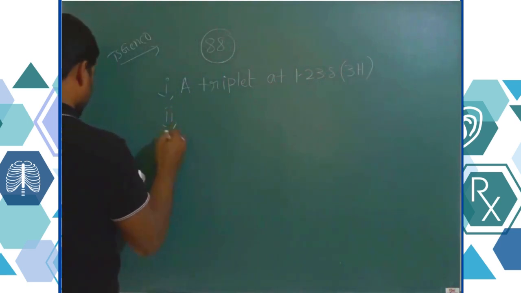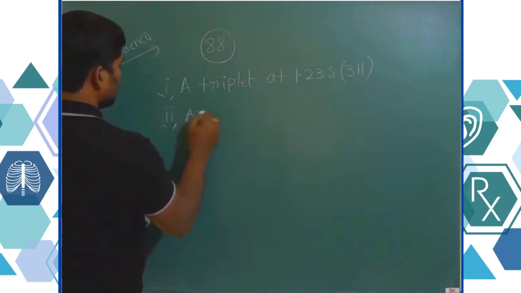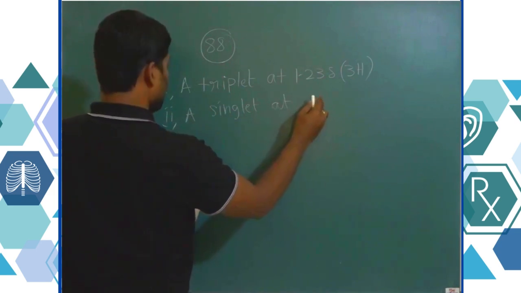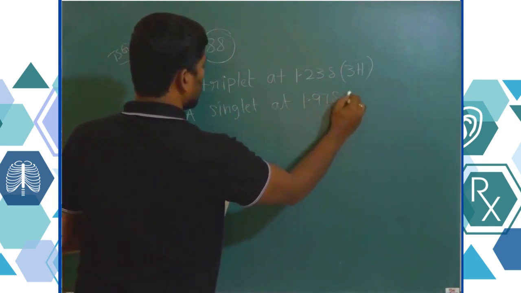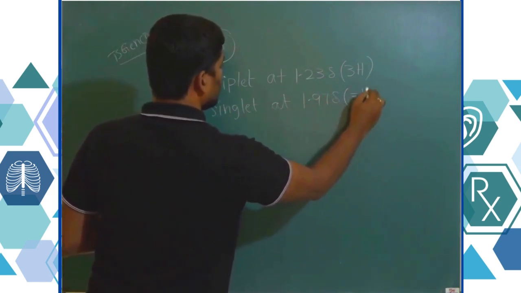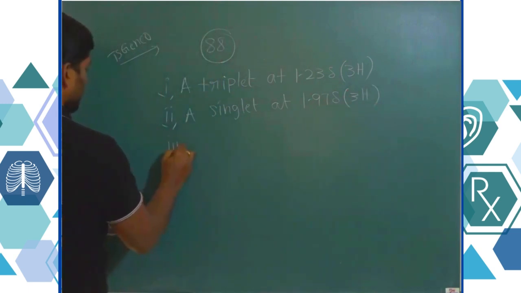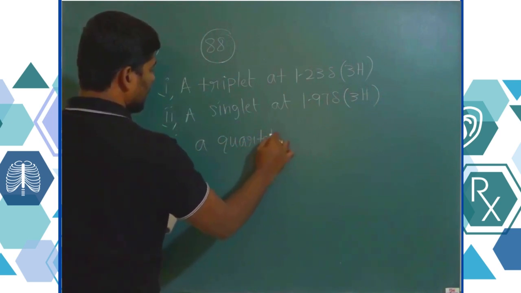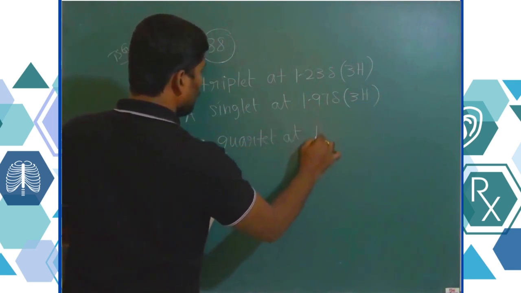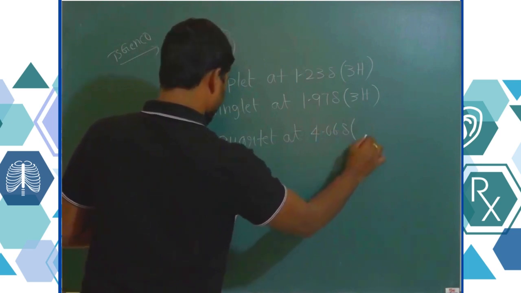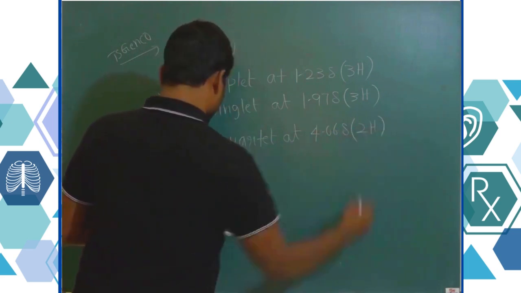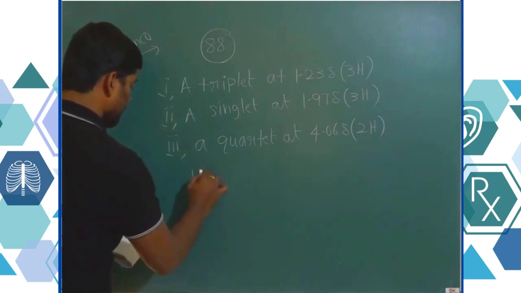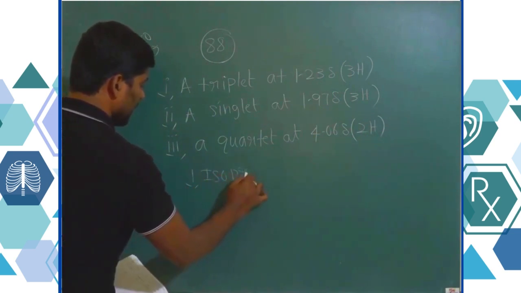The second one, a singlet at 1.97 delta, that corresponds to again 3 hydrogen atoms. The third one is a quartet at 4.06 delta, that corresponds to 2 hydrogen atoms.